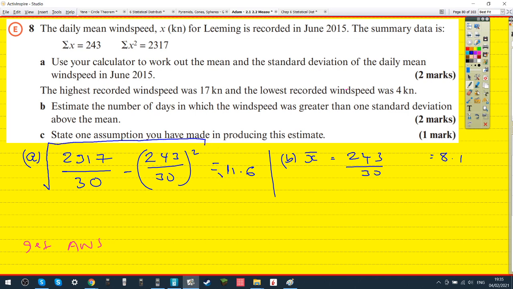Square root 11.6. You can press up if you want to retrieve it. 3.4 to 1 decimal place. So the standard deviation of x is 3.4. And so what is 1 standard deviation above the mean?